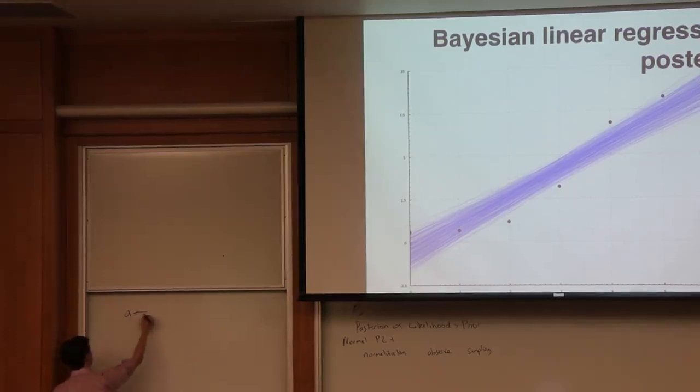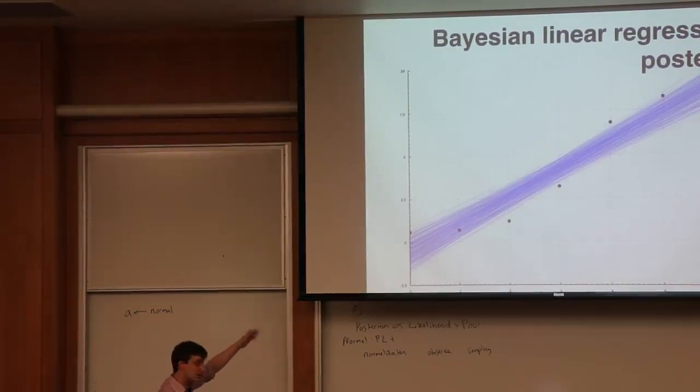So let me write a program for Bayesian linear regression. So I sample: the linear function has two parameters, its slope and its intercept. Let's say, I don't know what the slope should be, but it's about 0, plus or minus 9.